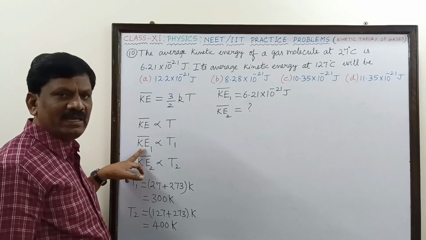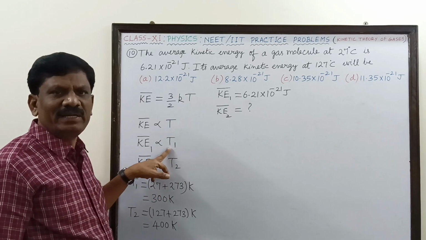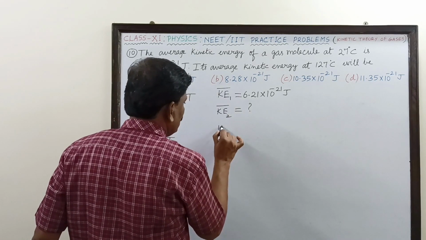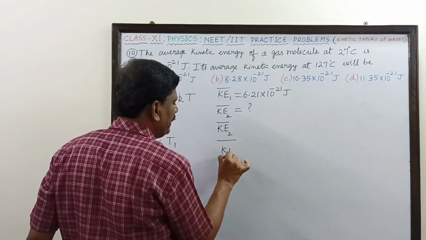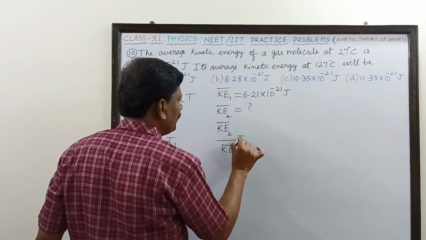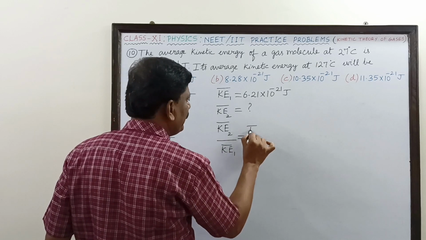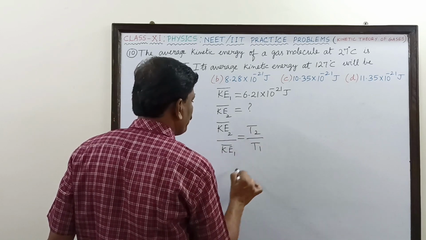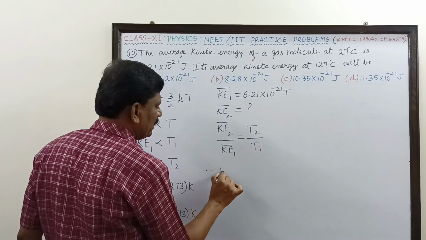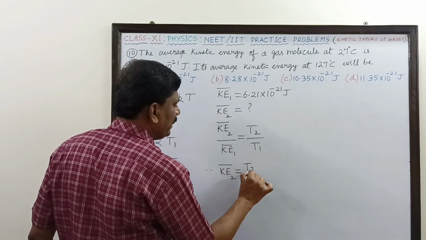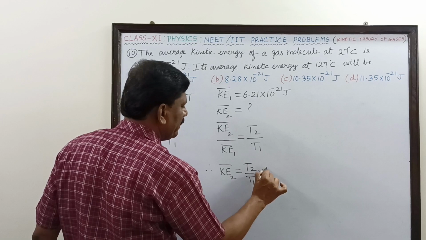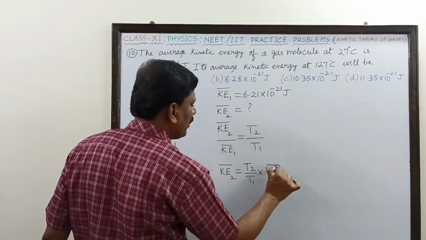KE2 divided by KE1 is equal to T2 divided by T1. Therefore, kinetic energy in the second case is equal to T2 by T1 into KE1.